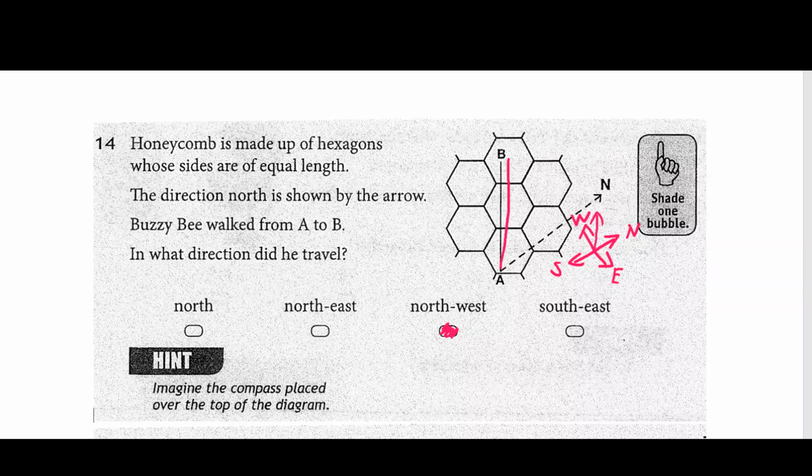Generally you'll see questions where north goes up like this, north to the top of the page and south to the bottom, and then you've got west to the left and east to the right. But what's happened here is this compass has been twisted a bit this way. So it became like this compass over here.